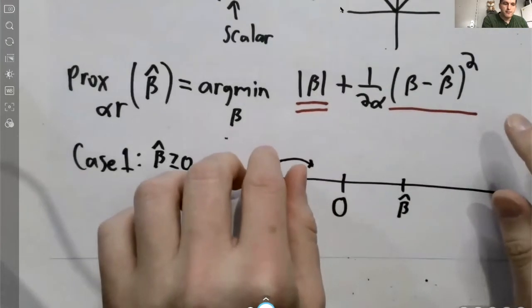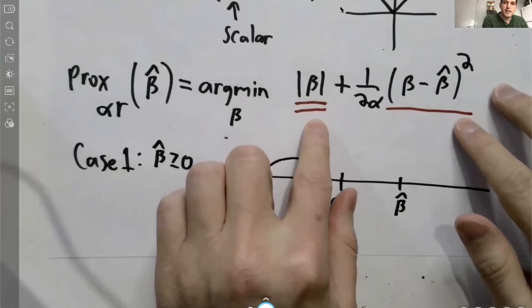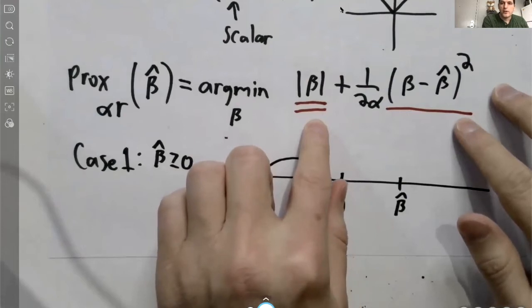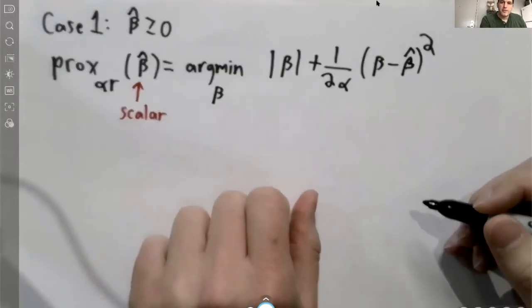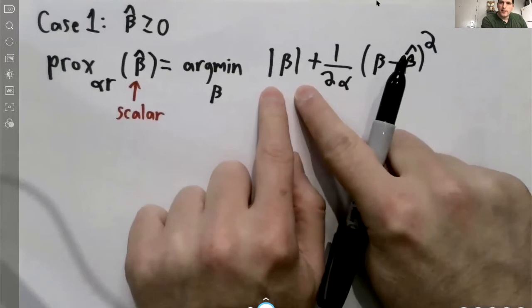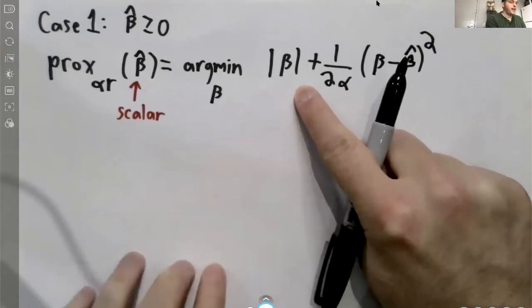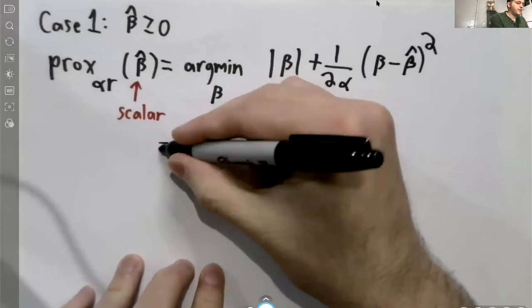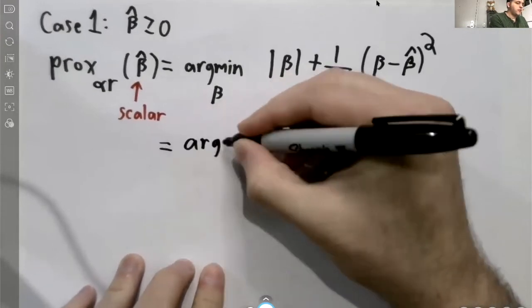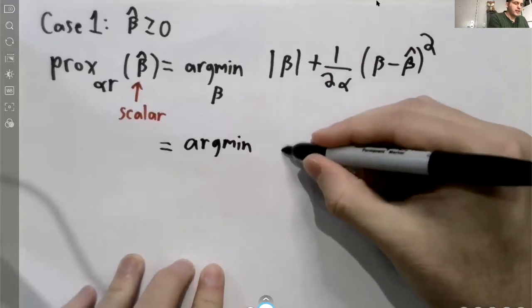So that means that when we're looking for a minimizer for this objective function, we can restrict our attention to non-negative values of beta. But if we're restricting our attention to non-negative values of beta, then this term here simplifies. We can remove the absolute value function. Now we just have to minimize this function.